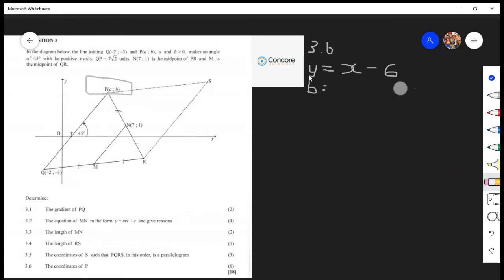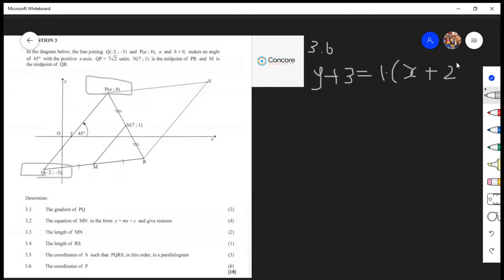Okay, so if we calculate the equation of PQ, we remember that our gradient was 1, right? So we'd have y minus, and then we need a point, our coordinate point, which we can use as Q. So we can have y minus -3, which would then become y plus 3 is equal to our gradient, which is 1 times now x minus -2, which would then just become x plus 2 because negative times negative is positive, right?